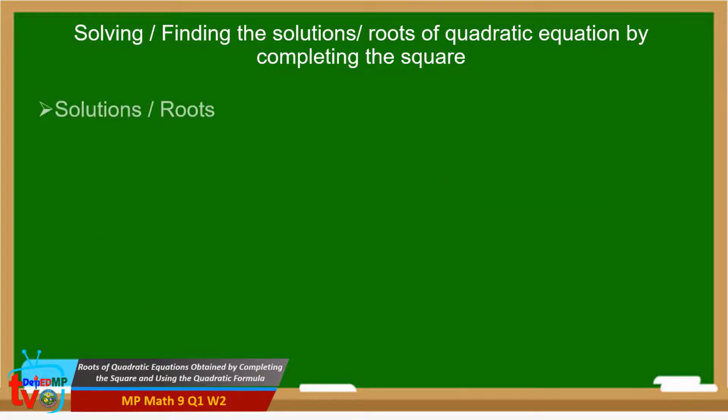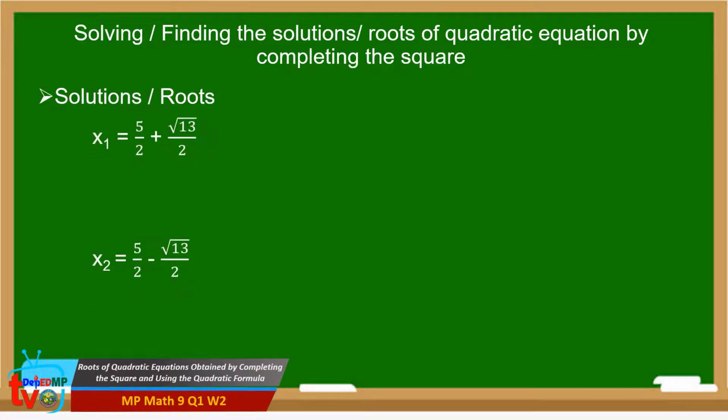Finally, we simplify the two roots. x is equal to 5 all over 2 plus the square root of 13 all over 2. The other one is x is equal to 5 all over 2 minus the square root of 13 all over 2. Since they have a common denominator, we finalize the roots or solutions. The first is x is equal to 5 plus the square root of 13 all over 2.